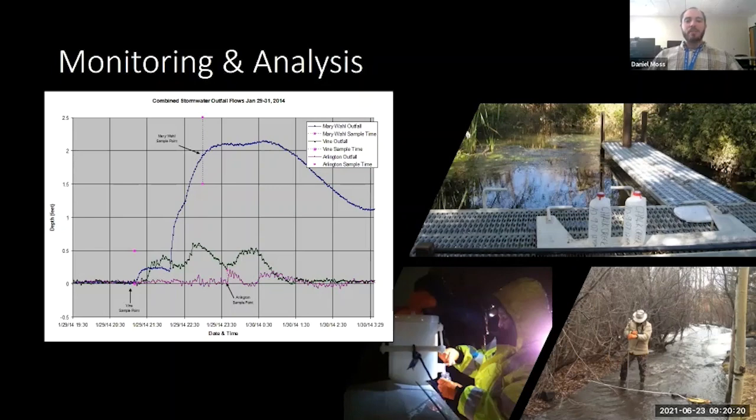And every year a report is compiled and trends are analyzed to see what tributaries might be bigger issues than others, and to track our progress and see how things are improving over time.